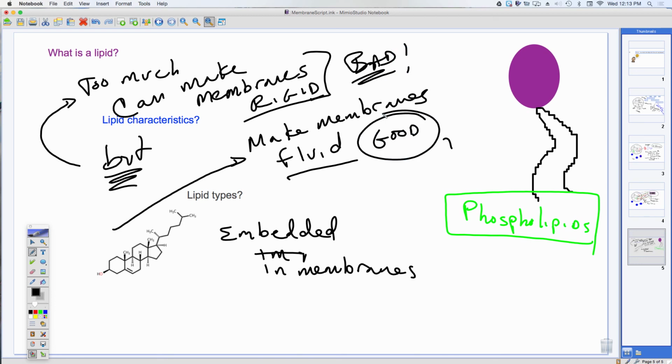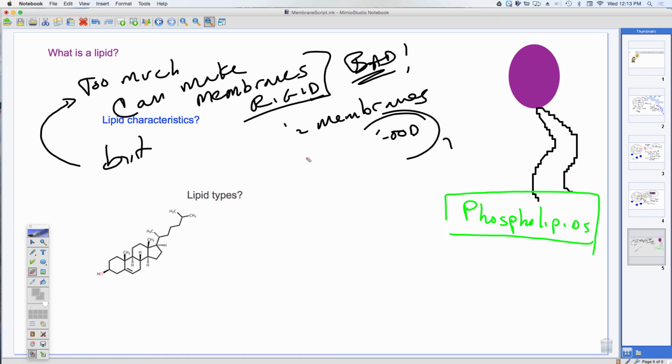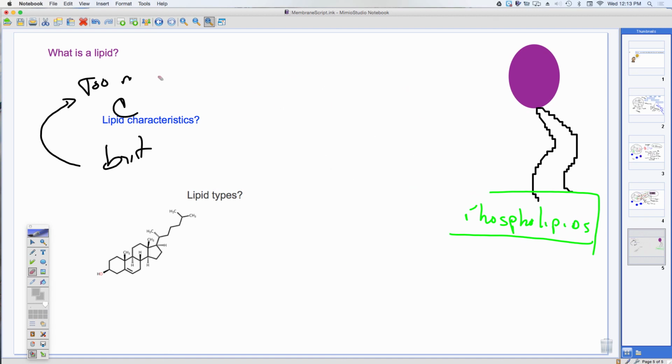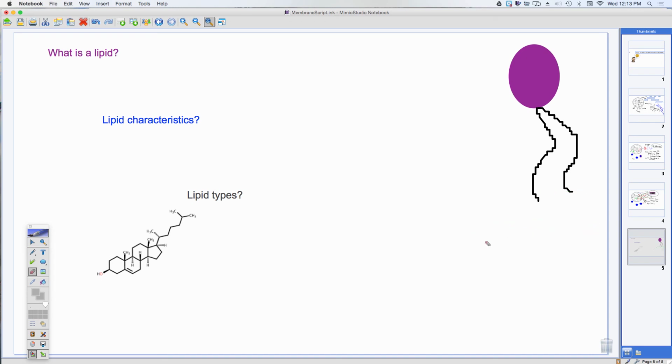And that's bad. This is good. Fluid membranes are good. Rigid membranes are bad. So let's look at the lipid of the day, which is the phospholipid.